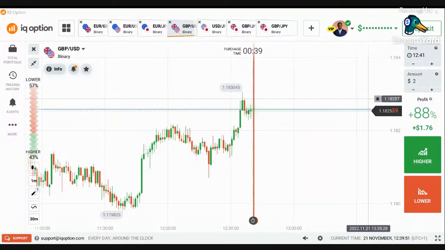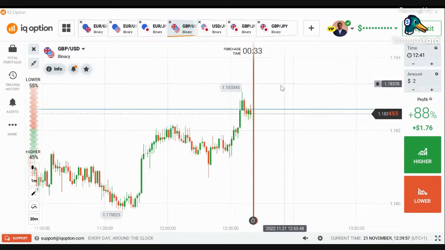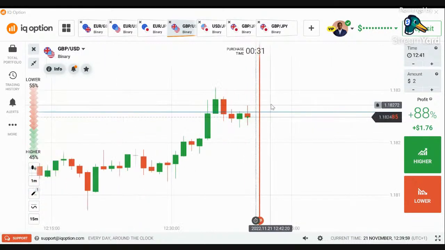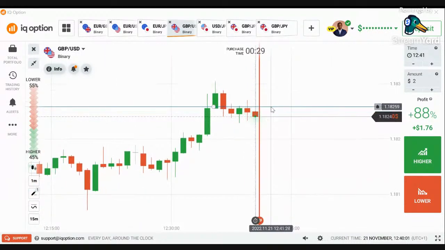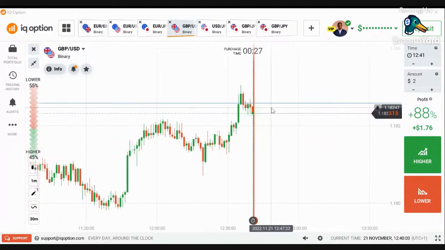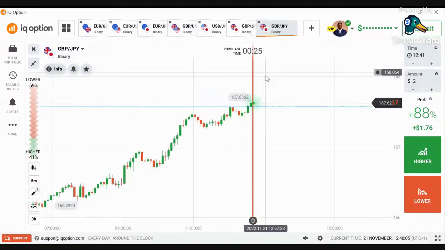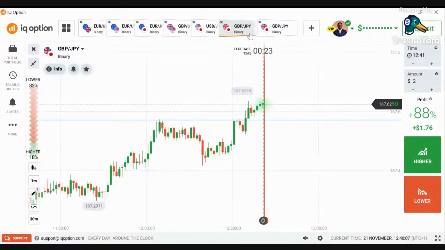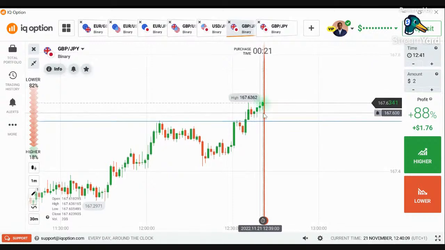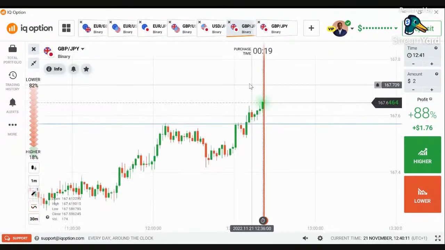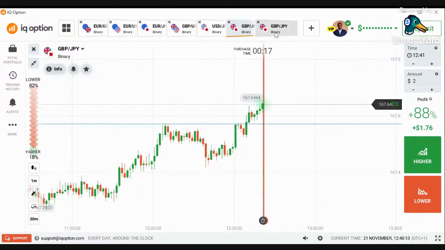I don't know if it wants to continue that pattern of higher high, higher low. It's bringing in sellers. Oh, I don't think they are correlated anymore. GBPUSD is doing a different thing from GBPJPY.